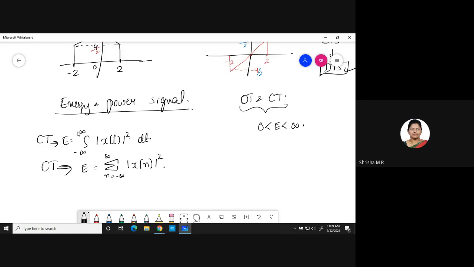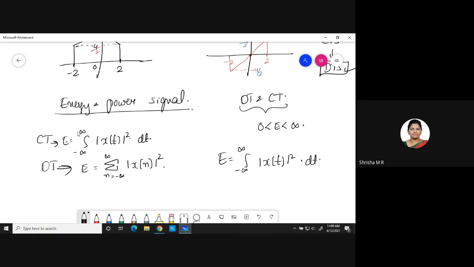So this is important, you have to know this. What is the equation for continuous time energy and discrete time energy? For a continuous time signal, energy is given by integration with limits minus infinity to infinity, taking the modulus of x of t and squaring it. So you have modulus of x of t squared into dt.